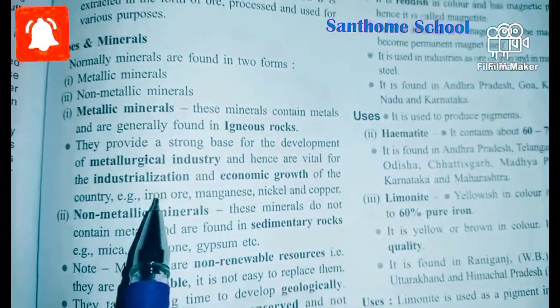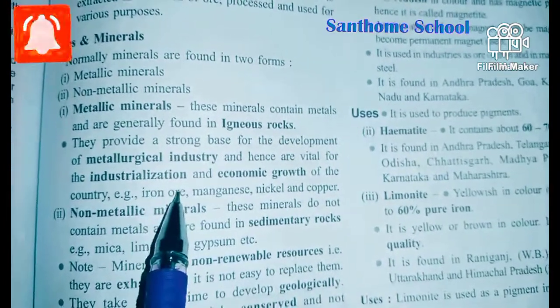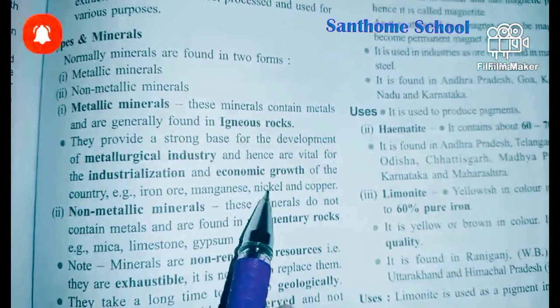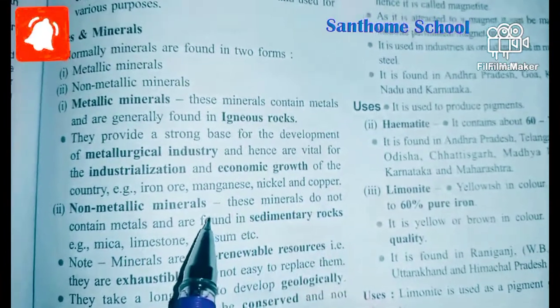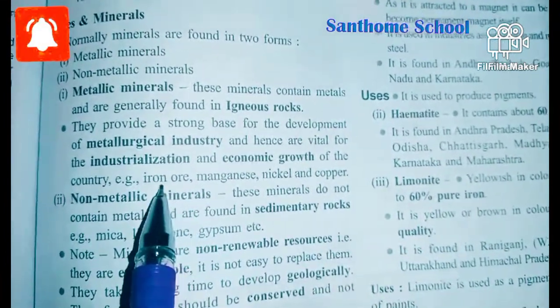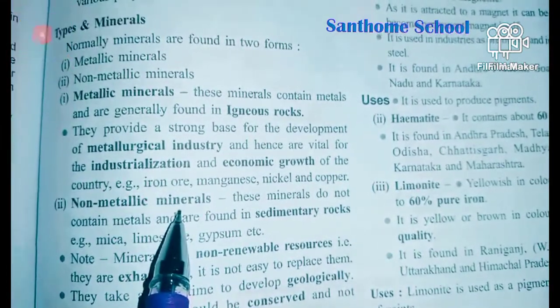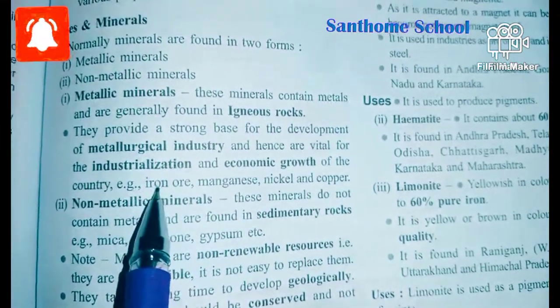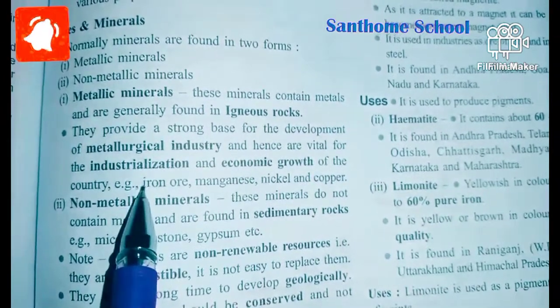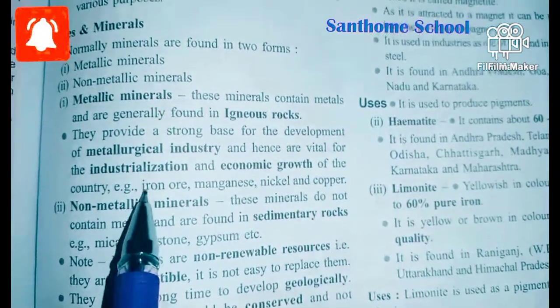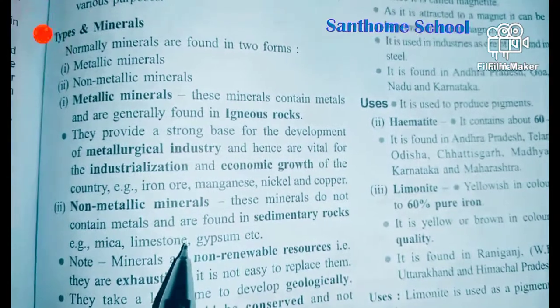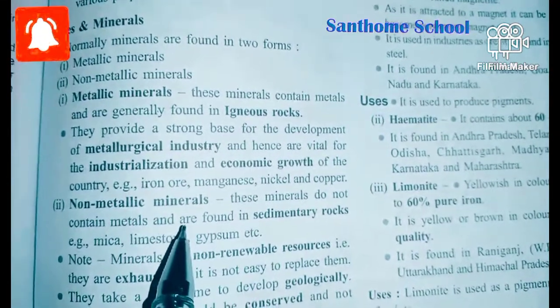The best metallic minerals are iron ore, manganese, nickel and copper. You might have heard the word the Iron Age. In that age, the iron ore which was found was made use of for various other purposes.